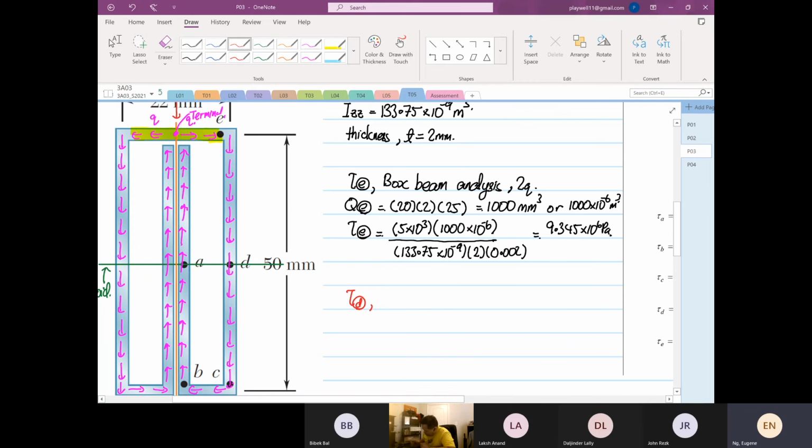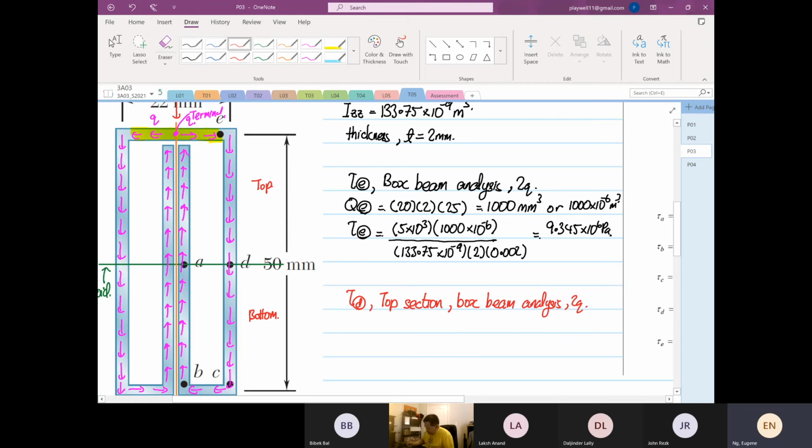I'm going to call this the top and then the bottom. So at point D, we are going to look at the top section. This is going to be box beam analysis.